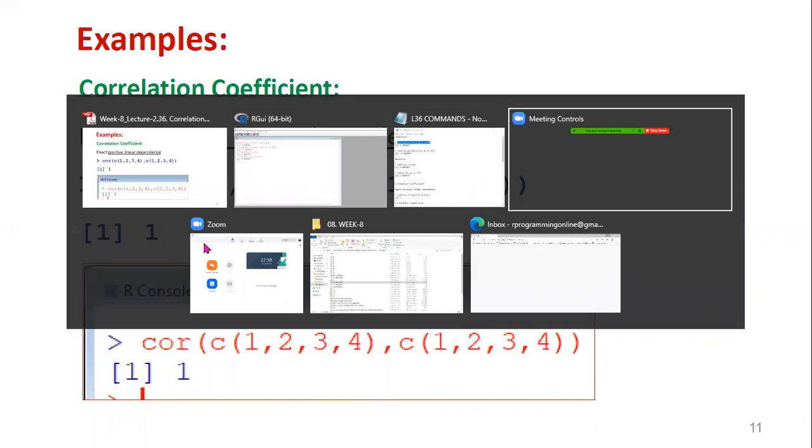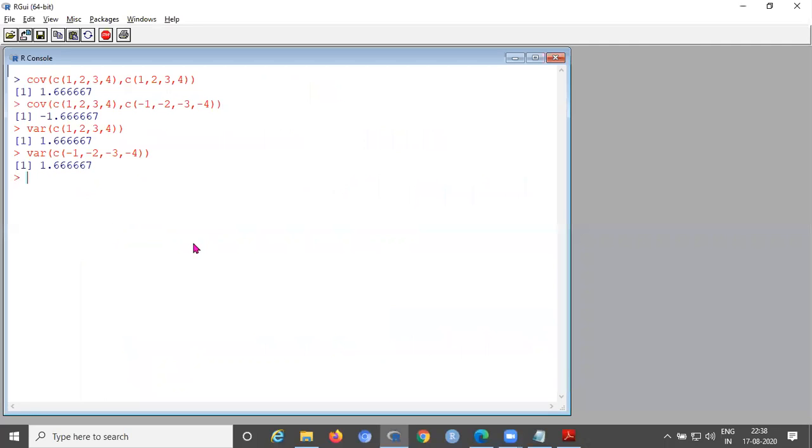Now we will demonstrate. The covariance we first took with the positive dependencies; now you can replace it by COR. Now you can see the positive dependence value.